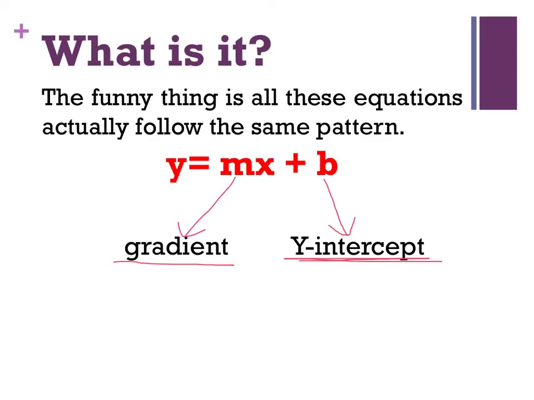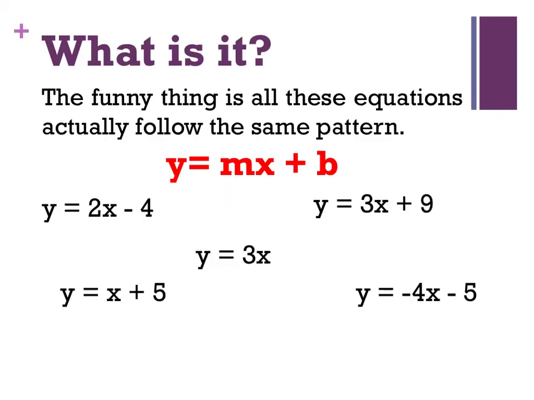Okay, let's go back and have a look at some of those equations that were just on the previous screen, and see how they follow the formula y equals mx plus b. If we look at this equation here, let's see how it slots in: y equals 2x, and then here I have plus b, which is my y-intercept.